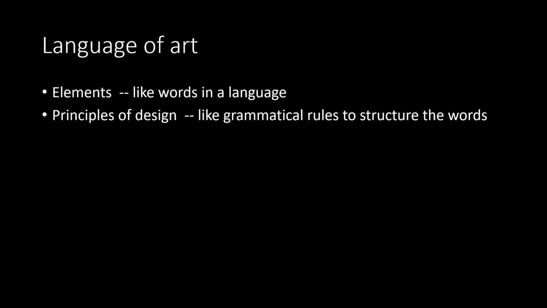They're what we call the building blocks. These are things that artists learn about and they manipulate. And the principles of design are similar to the grammatical rules that a writer would use to create quality writing.